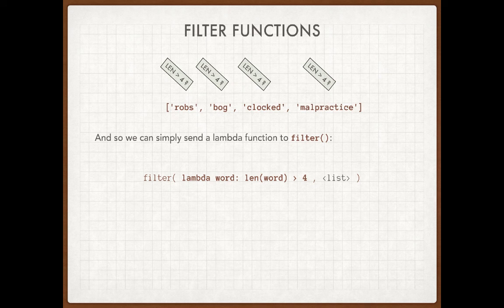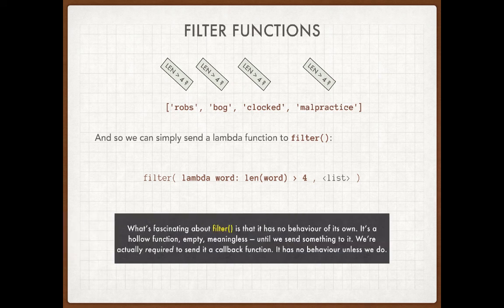Now, what I find really fascinating about filter is that by itself, it really has no behavior of its own. It's kind of hollow and empty and meaningless. And we talked earlier when we were discussing callback functions that what a callback function does is it modifies the behavior of a different function. This is a great example of that because by itself, filter doesn't really do much.